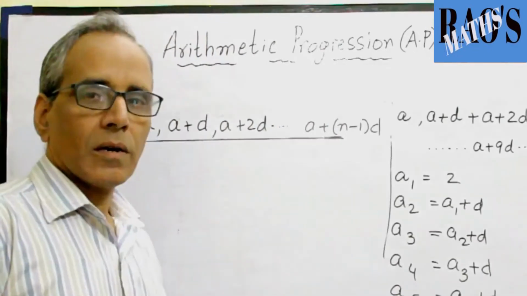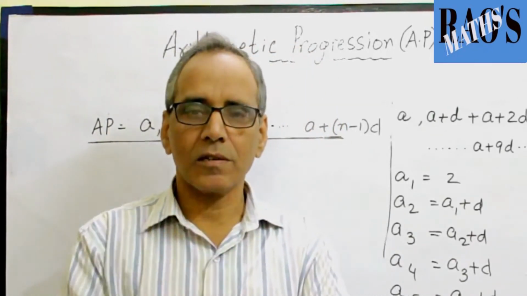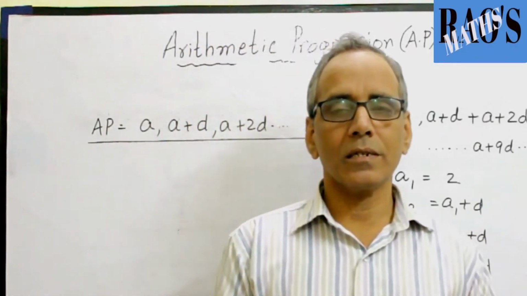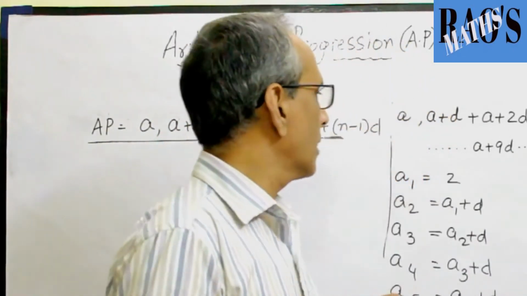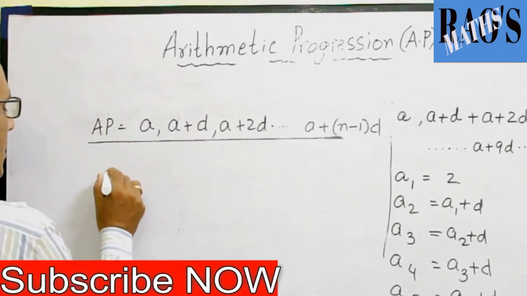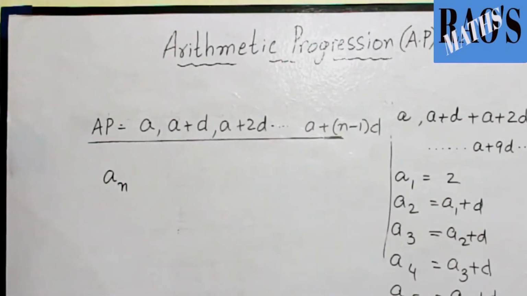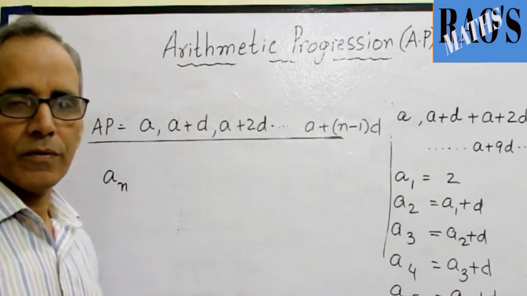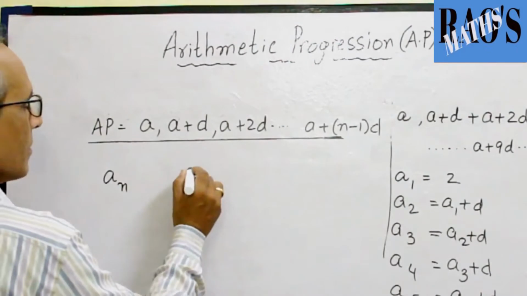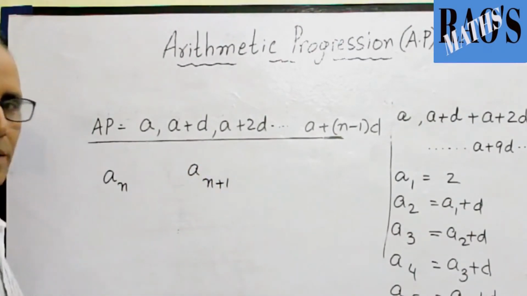Suppose, already we discussed the difference between any two consecutive terms is fixed, that is constant, that is defined by the letter D. Now suppose an is the nth term. What is the next term after the nth term? An plus 1. Okay.